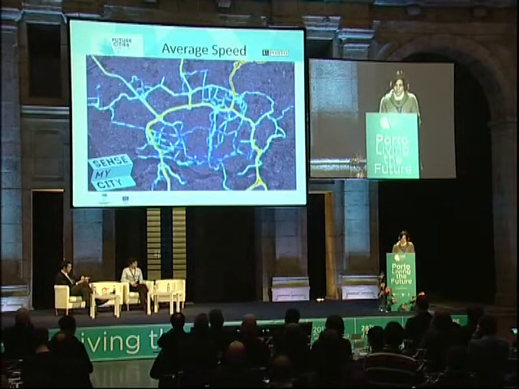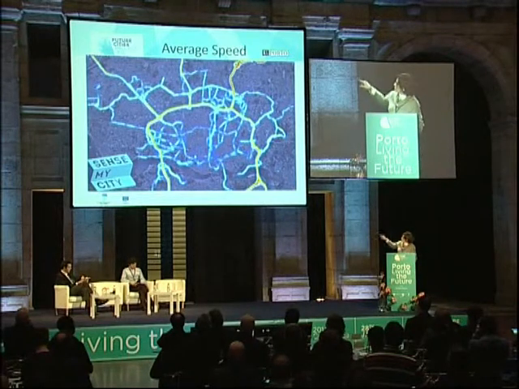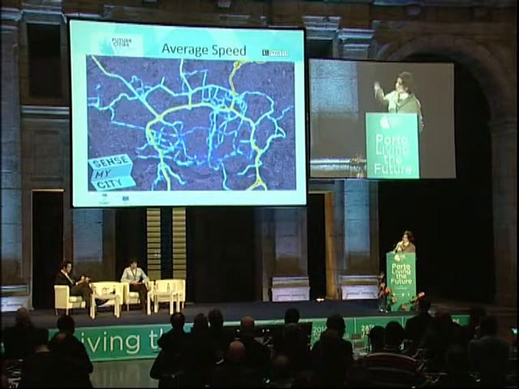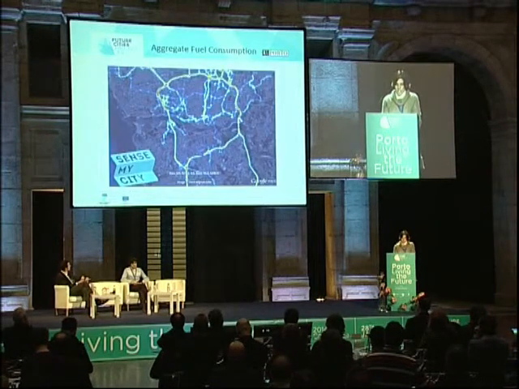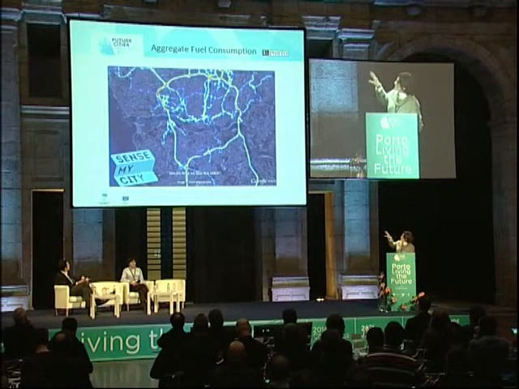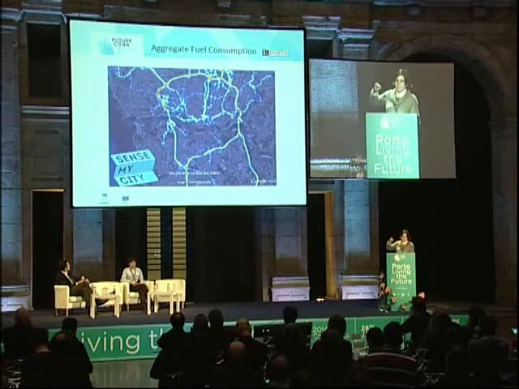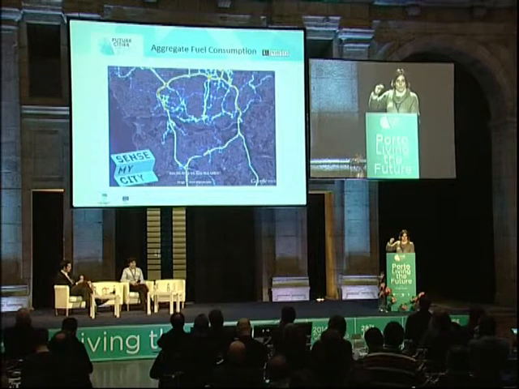You can see, of course, the VCI, which is our city highway. It's very well marked, and the highest speeds when you start going out to the highways to the north. We also calculate the aggregate fuel consumption. What you can see in this map, in red, are the points where the most fuel is consumed.